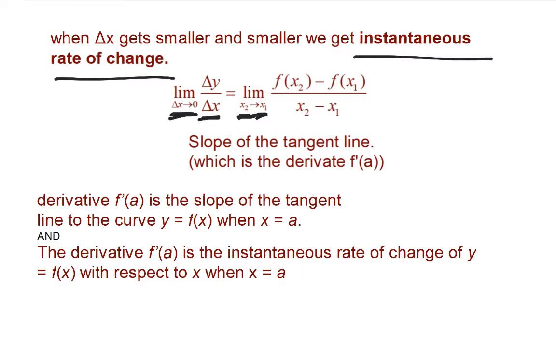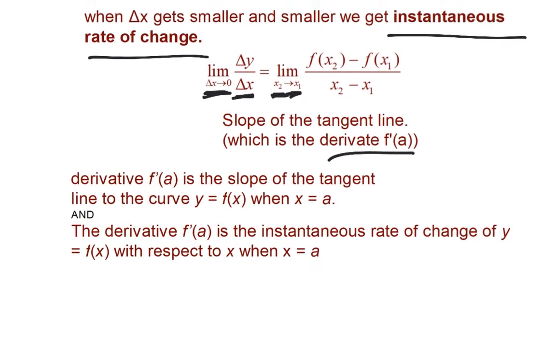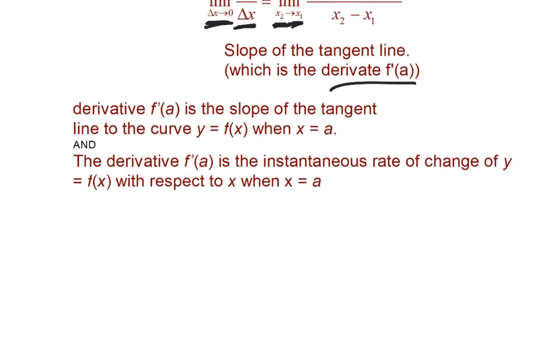It's the slope of the tangent line, which is the derivative f prime of a. So the derivative is the slope of the tangent to the curve when x is equal to a, or you can look at it as the derivative is the instantaneous rate of change of y equals f of x with respect to x when x equals a. So it's the tangent slope or it's the instantaneous rate of change. It's the same thing, just different words to talk about the same thing.